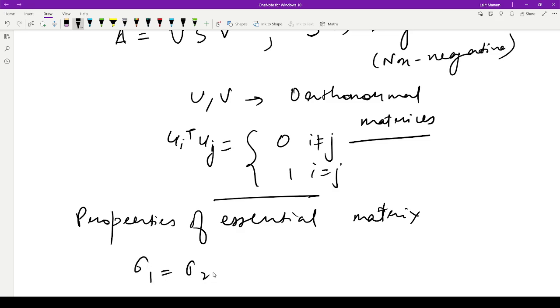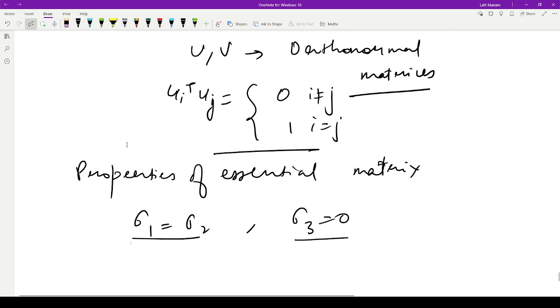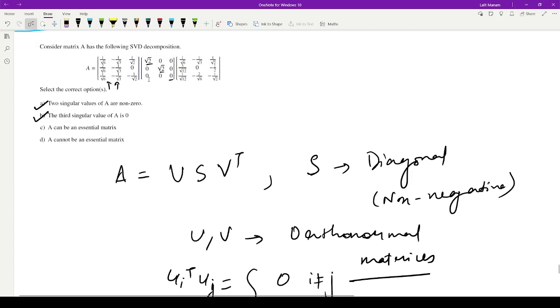That sigma 1 should be equal to sigma 2 and sigma 3 should be 0, right? Where S gives sigma 1, sigma 2, sigma 3, others are 0 in the singular value decomposition. Do you agree with this? Yes, sir. Do you see that here the two singular values are the same, so it can be an essential matrix. That's all there is to this question.